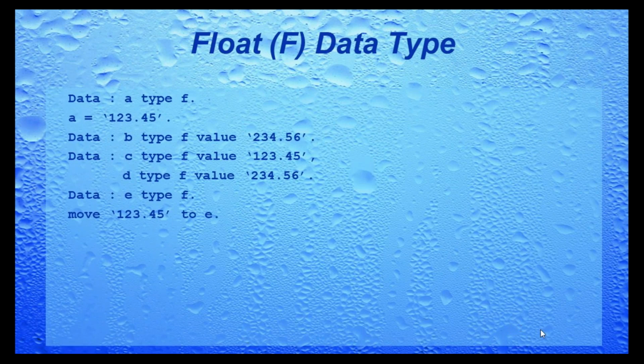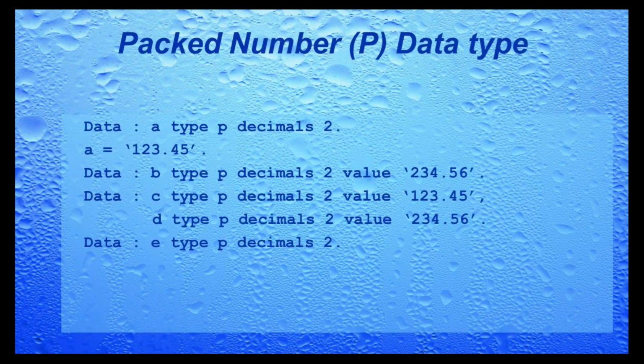Meghna is asking if A of 5 is same as A. No, A of 5 is not same as A because A is having the length of 1, but A of 5 is having length of 5. So the length of that variable or the length of the field is defined by A. So here I come back to the first one.